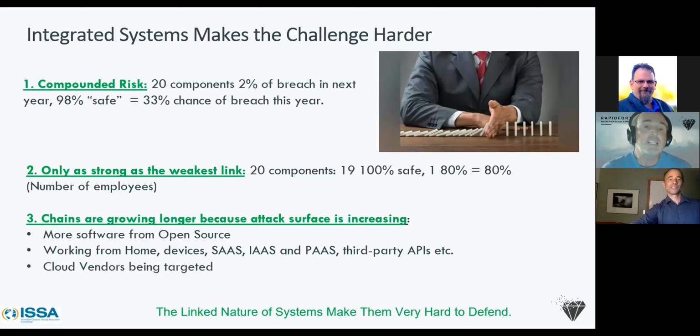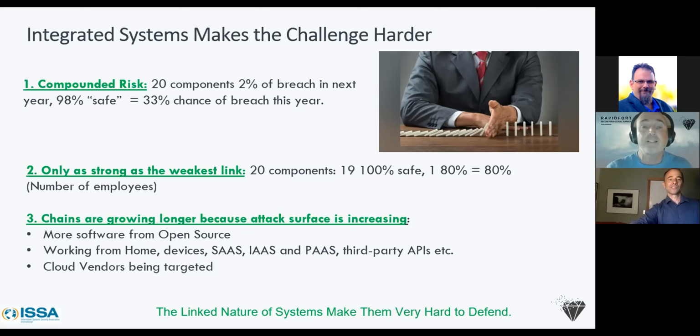Assume you had 20 components delivering value into your system, each with only a 2% chance of breach in the next year, which is relatively low. That suggests you could go 50 years at that run rate and be breached once in that component. When you compound all of those together, it actually means there's a 33% chance of breach this year, and that's very unintuitive in many senses.